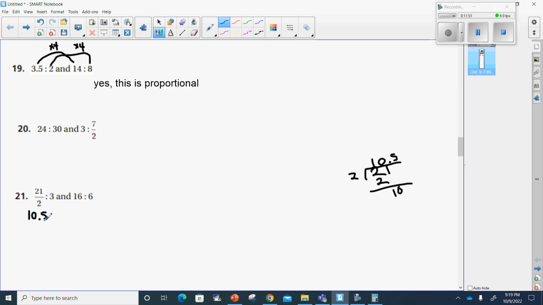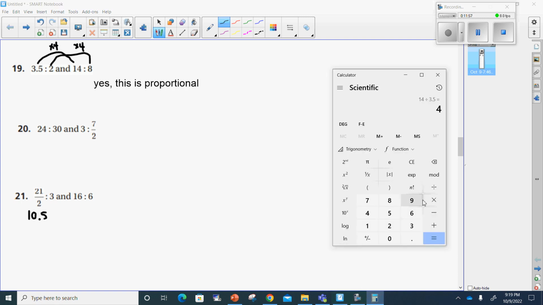So now I could take 10.5, 16 and divide it by 10.5. Ooh, I wonder what type of number that's going to give me. That was one crazy number there. 1.523.